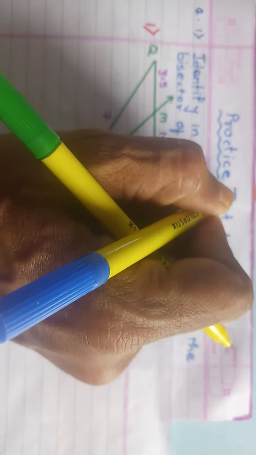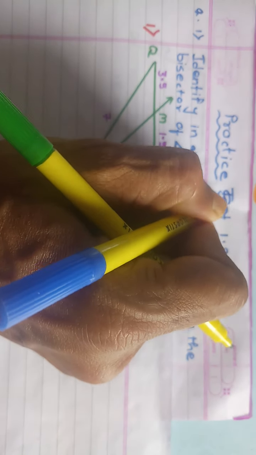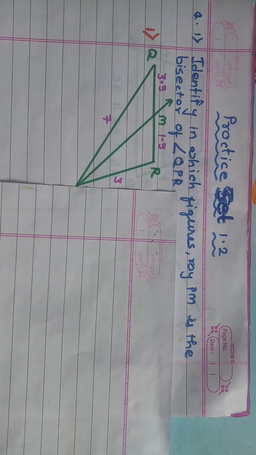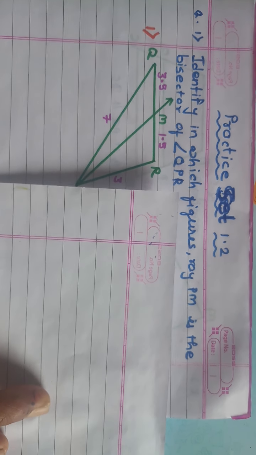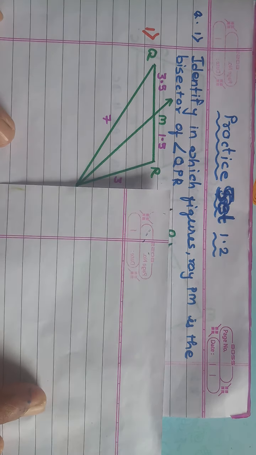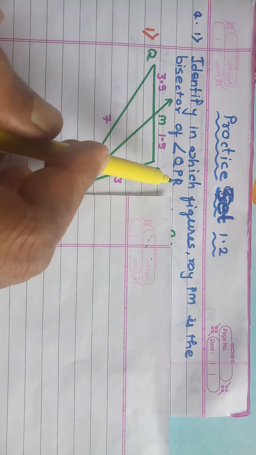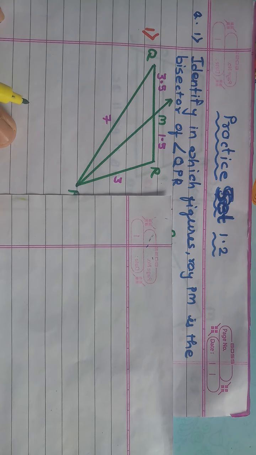It's set, S-E-T, set, not test. Now you have your textbook in front of you. Read question 1. Identify in which figure ray PM is the bisector of angle PQR.